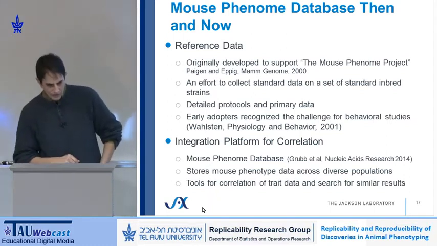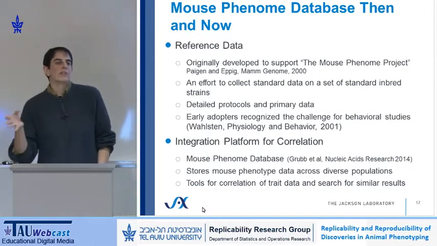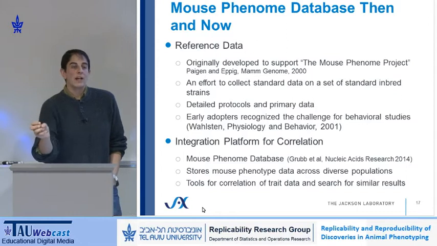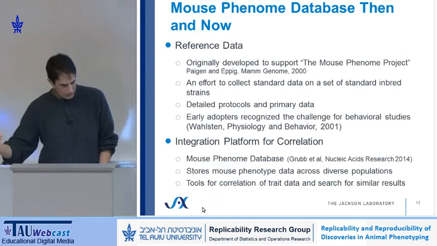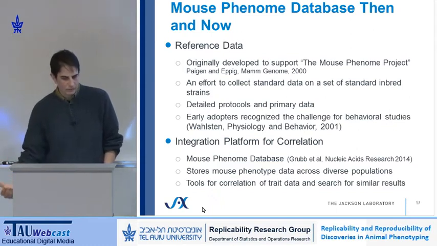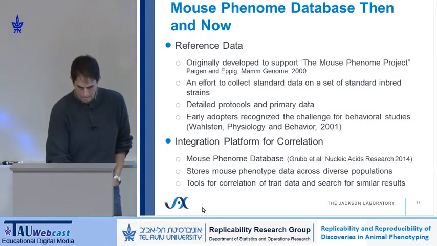And of course, Doug Wahlsten recognized quite early that in behavioral studies, there wasn't going to be a reference value for a strain, that these are traits that are subject to the influence of the environment. So now we really think about this more as a platform for correlation, for studying trait diversity, trait variation, and other things.